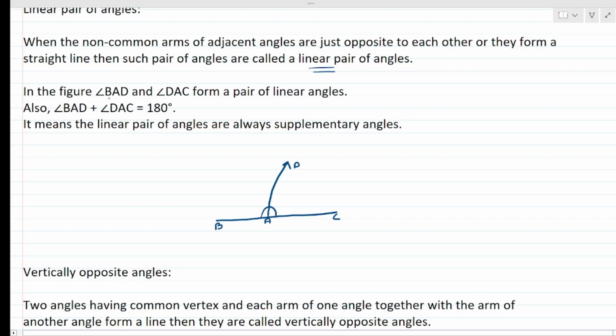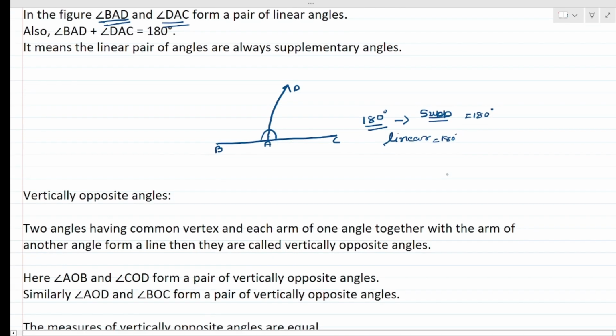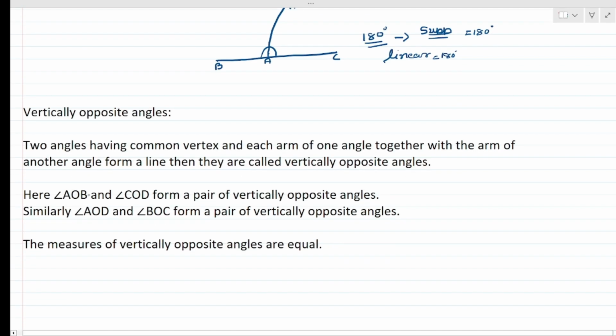As you can clearly see, angle BAD and angle DAC form the linear pair, and its summation will always be equal to 180 degrees. Which angles does it resemble? It resembles our supplementary angles as well. As we mentioned earlier, the summation of supplementary angles is 180 degrees, and the summation of linear pairs is also 180 degrees.